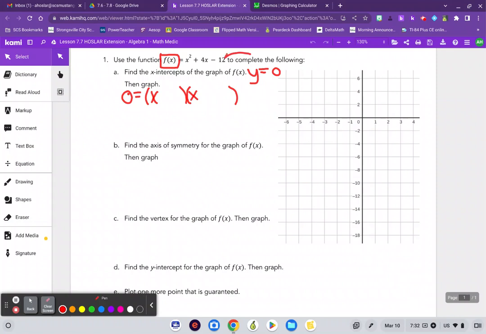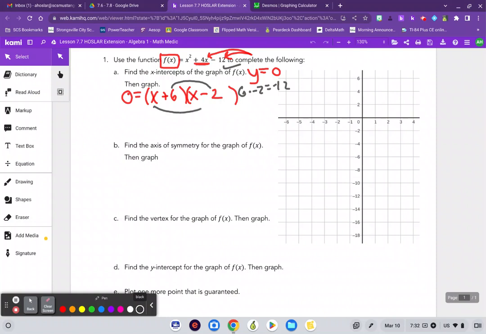I need factors of negative 12 that are going to add up to 4. And I'm thinking maybe 6 and 2. I know they need to be opposite signs. And since the middle number is positive, the bigger factor is going to be the positive number. You can do a quick check to make sure that you've got this. So 6 times negative 2 gives you negative 12, so that's your constant.